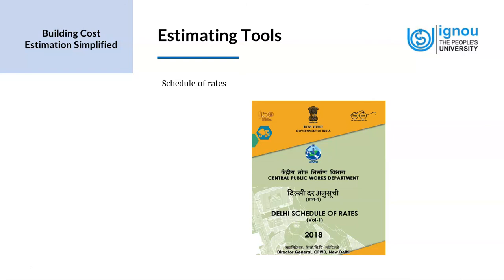So there are rates published in these schedules of rates, and it is usually used in government projects. Normally in government projects, whatever we quote is based on these rates. It is important for an estimator to be familiar with the relevant schedule of rates. What is applicable in Tamil Nadu may not be the case in maybe Delhi.